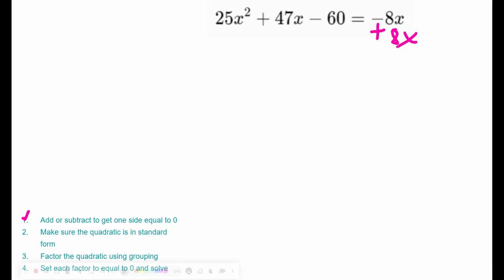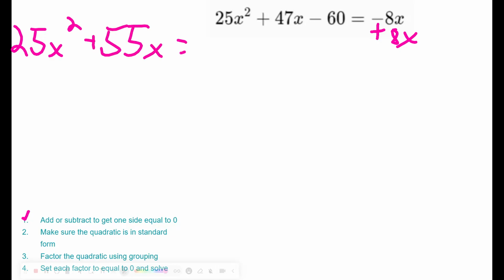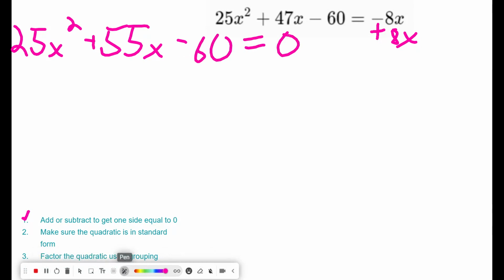And we're going to end up with 25x squared, 47 plus 8 should be 55, minus 60 equals 0. And remember, make sure the quadratic is in standard form, ax squared plus bx plus c.